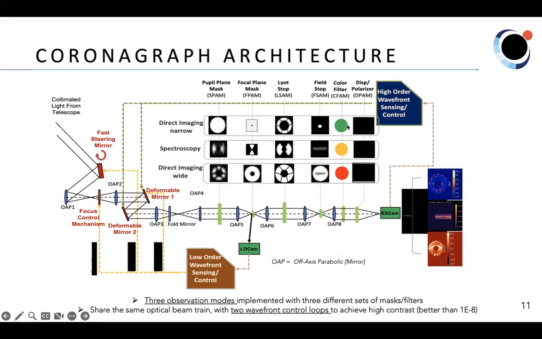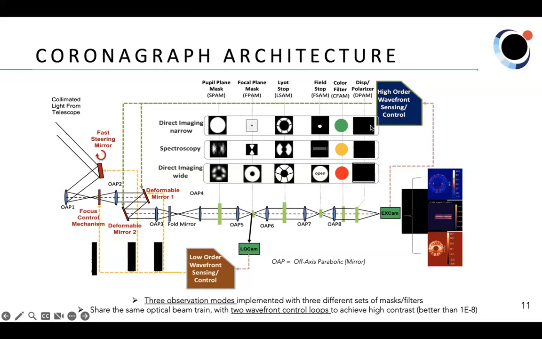So here's band 1 right here. So we have that pupil plane mask in our SPAM with the specific focal plane mask, the Lyot stop, the field stop, color filter, that's band 1. And then we have a reflecting mirror. It looks like my image isn't placed properly in here, but that should be basically a mirror for that. So they can all be moved independently.